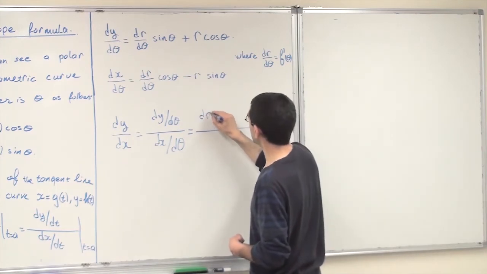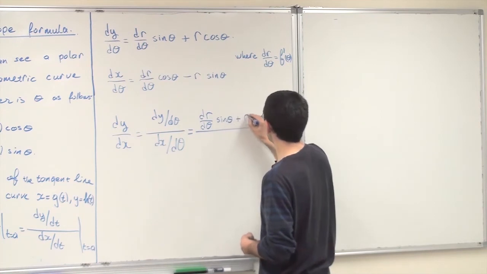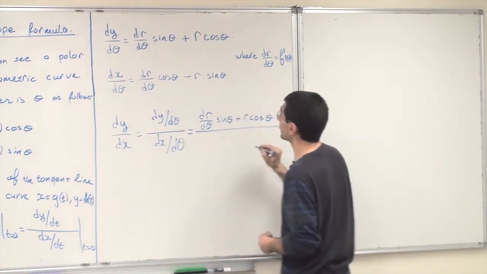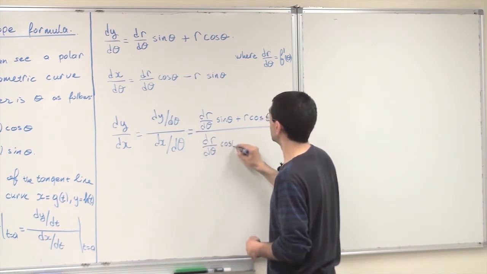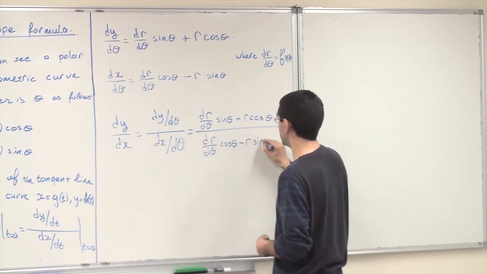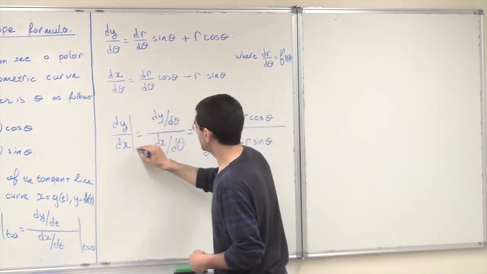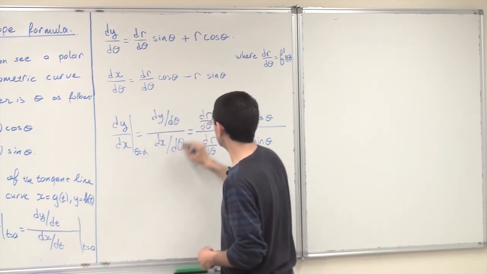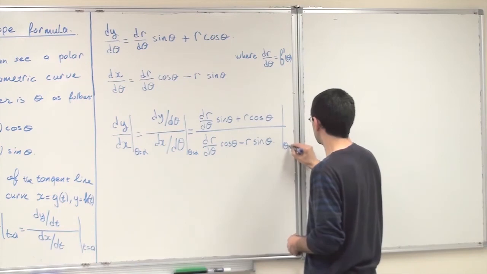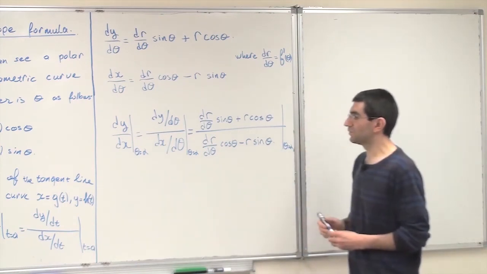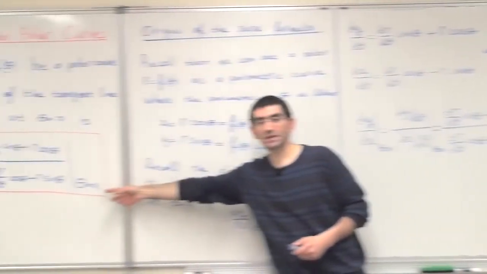So we get dr over d theta sine theta plus r cosine theta all over dr over d theta cosine theta minus r sine theta. Now, if we evaluate this at theta equals alpha, we will get the slope formula which we have shown in this red box.